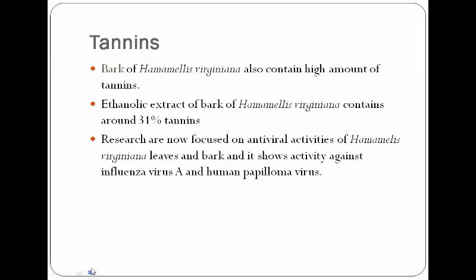So researchers are also conducting studies on the bark and leaves regarding some other uses of Hamamelis leaves, most importantly antiviral activities of Hamamelis virginiana leaves. That includes the activity of Hamamelis leaves against influenza virus A and human papilloma virus.